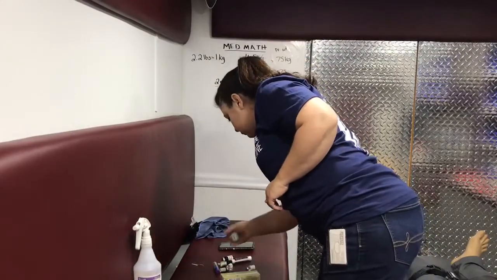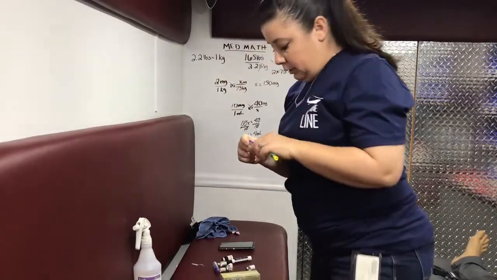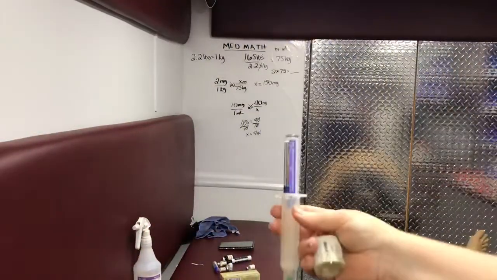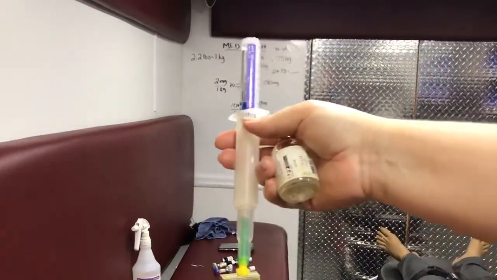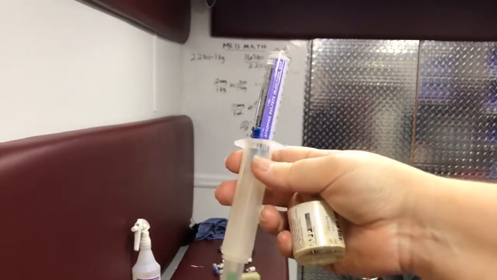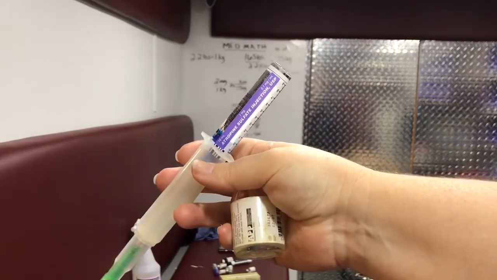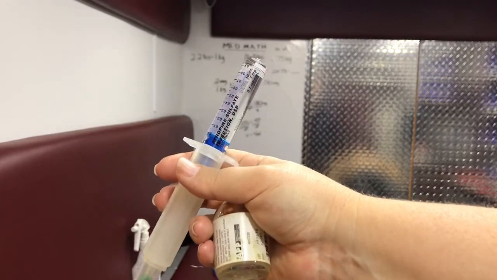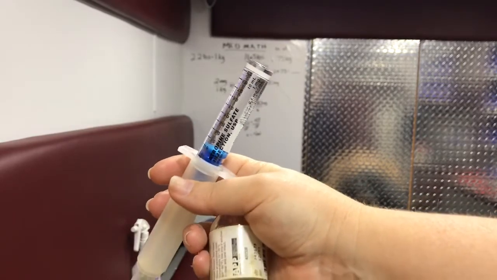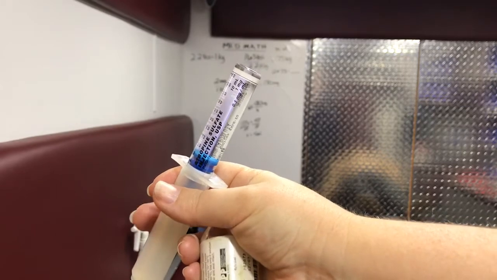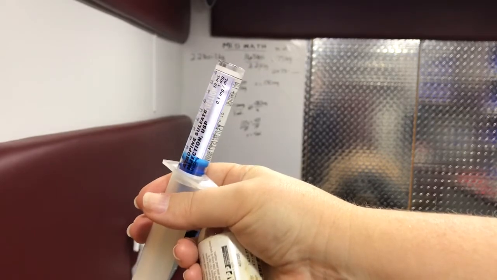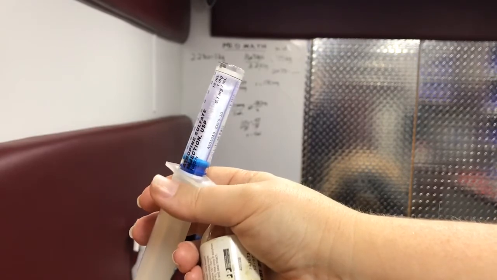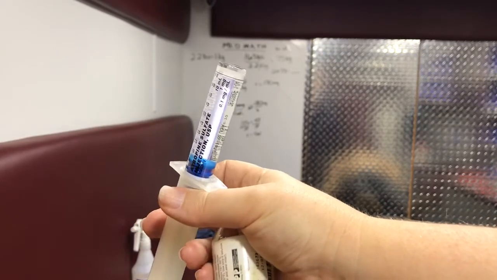So let's look at our preload of atropine. So both of these here are atropine. We have atropine in a preload. Normally you'll find the information on the box, so you can see atropine for injection. This is a 10 milliliter syringe, contains 1 milligram, so 0.1 milligrams per ml.